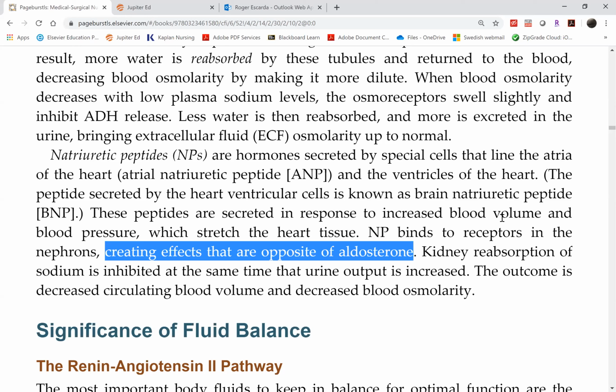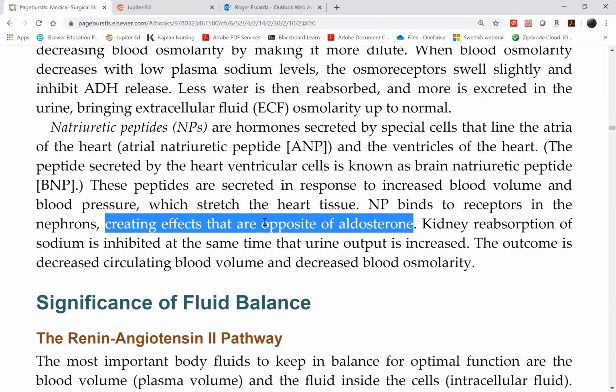Increases. Therefore, the effect of BNP is diuresis, and not mentioned here, it is actually vasodilation as well, but that will be found in chapter 33.